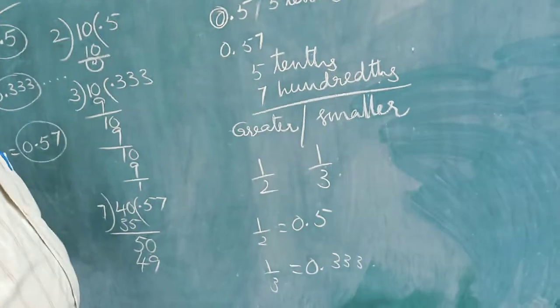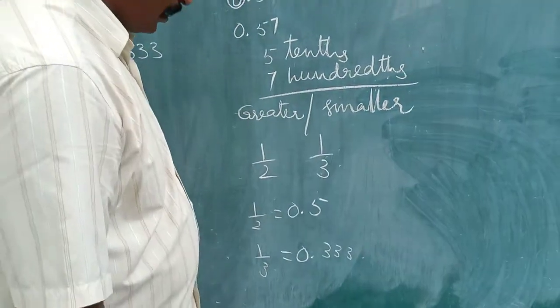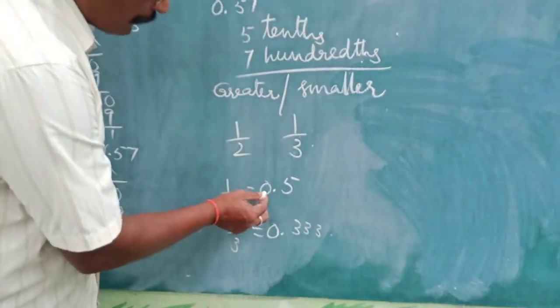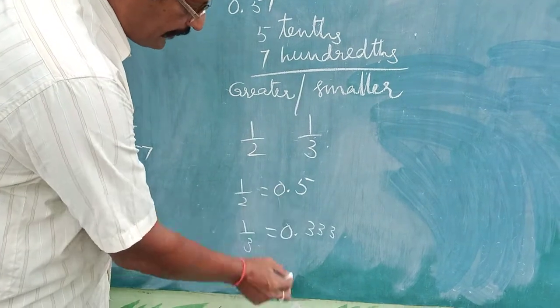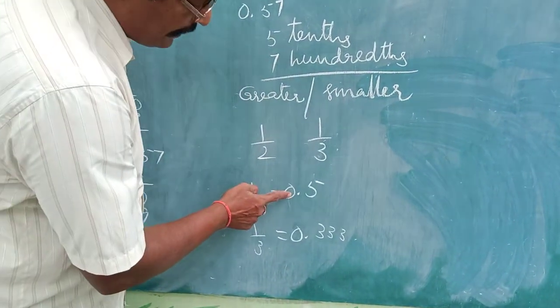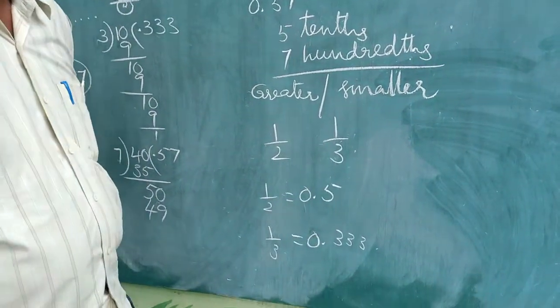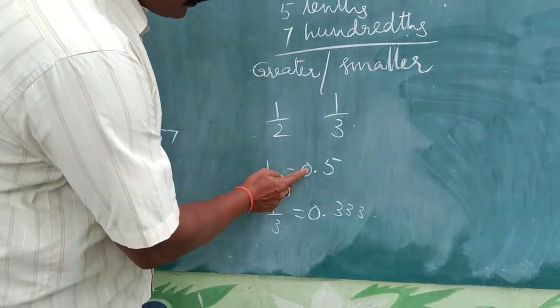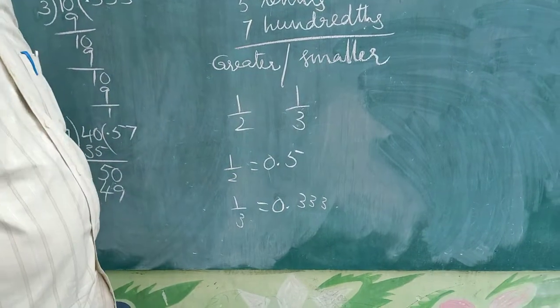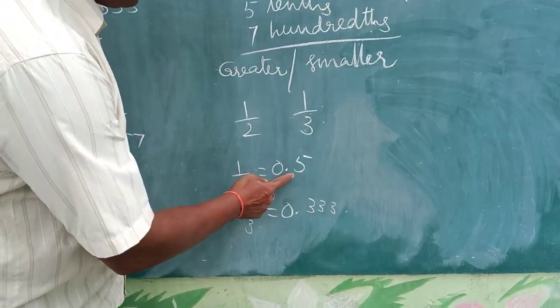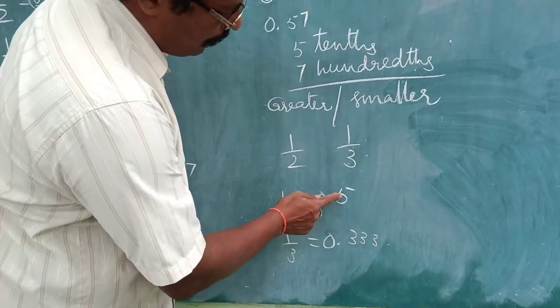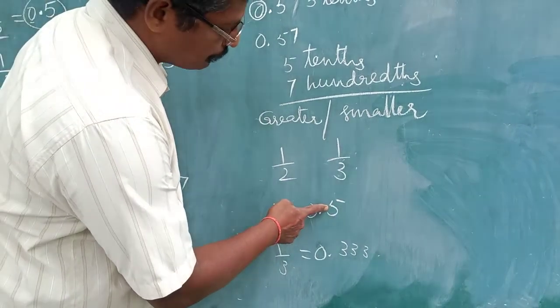In these two, which is greater? How to find? First of all, compare the integral parts. Here the integral part is 0 and here also 0, so the integral parts are equal. See the next one. After the decimal point, what is here? 5.